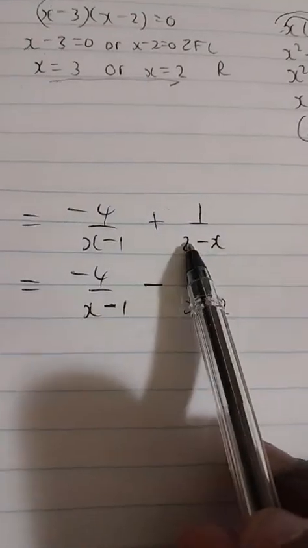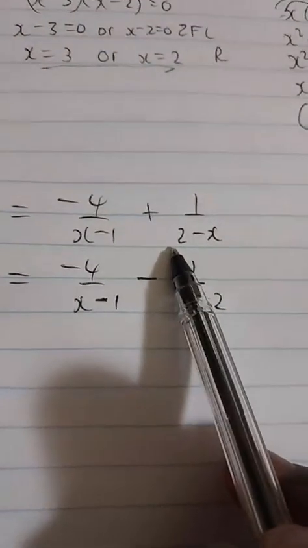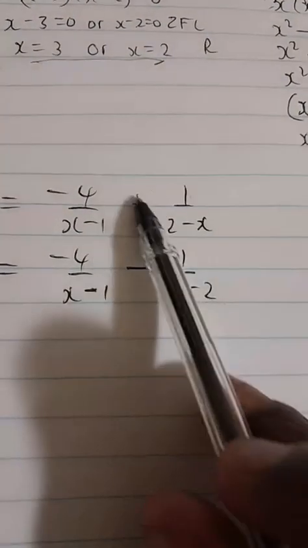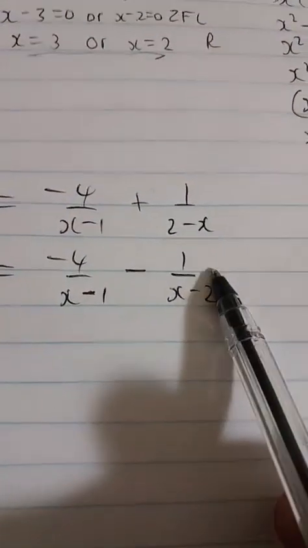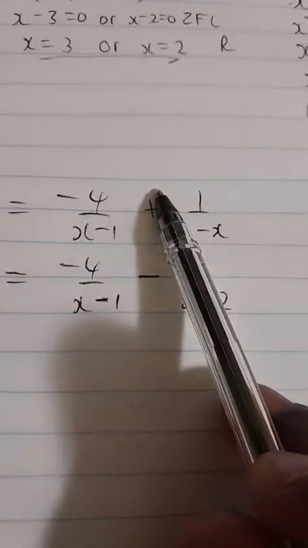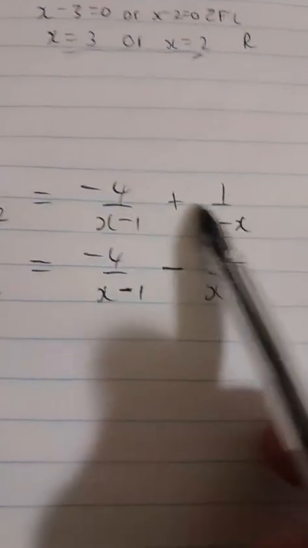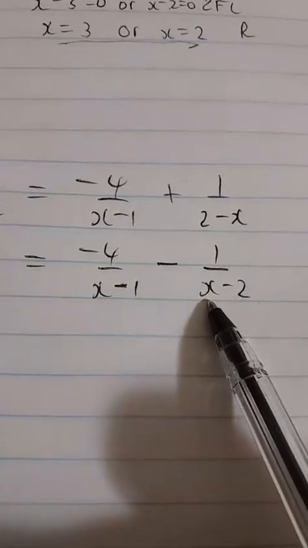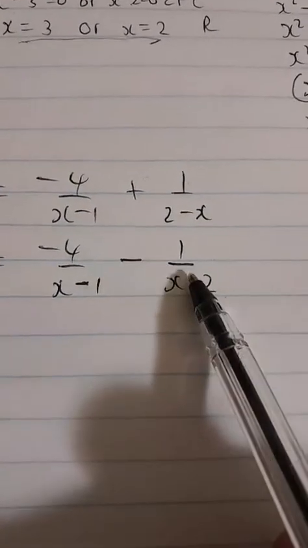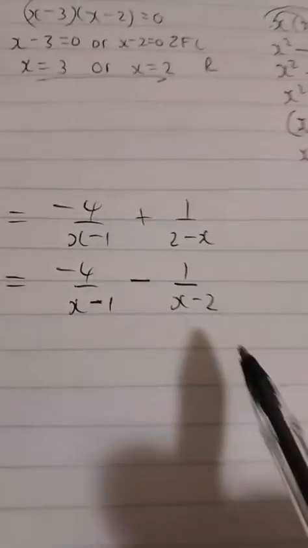So 2 minus x, if I changed it up and wrote x minus 2, what am I going to do to the sign that is before the expression? I'm going to change it to the opposite sign. From positive, the sign becomes negative, and that allows me to change the order of terms that have a negative sign in between.